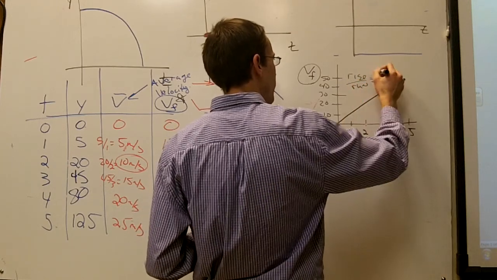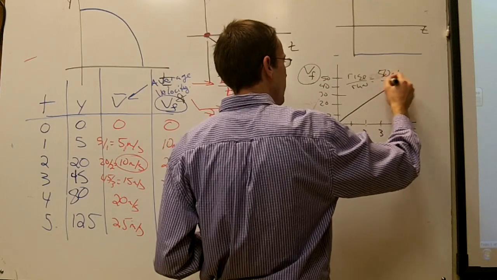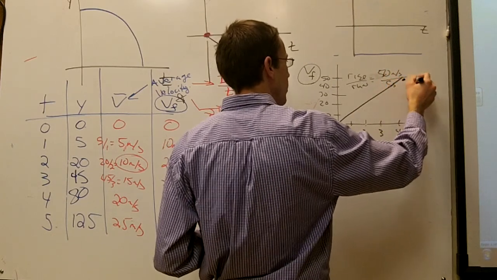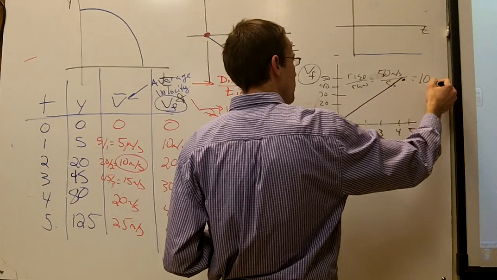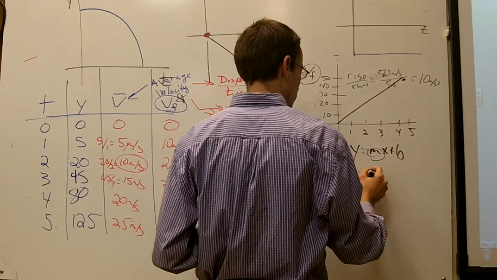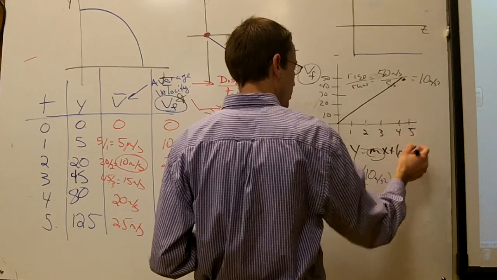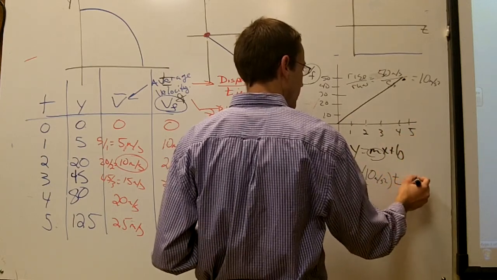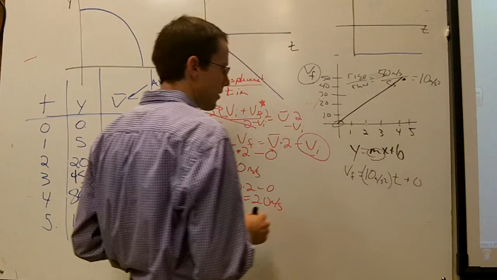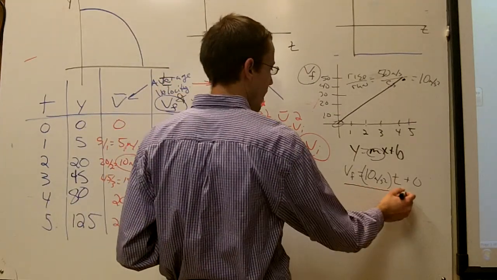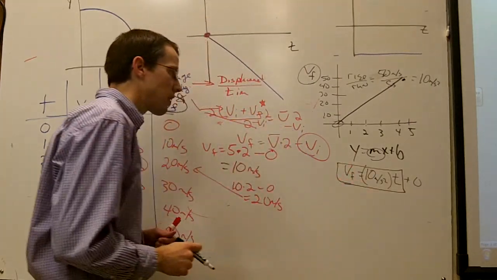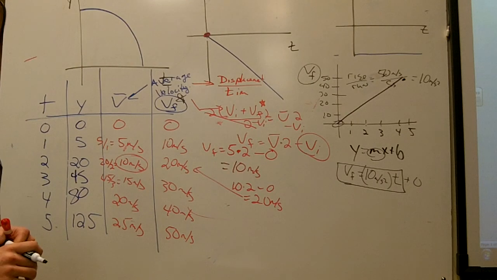So that goes up 50 meters per second divided by 5 seconds, which would be 10 meters per second squared, times time, which is on your x-axis, plus 0, in this case, as our y-intercept. So our equation is VF equals 10 meters per second squared times t.